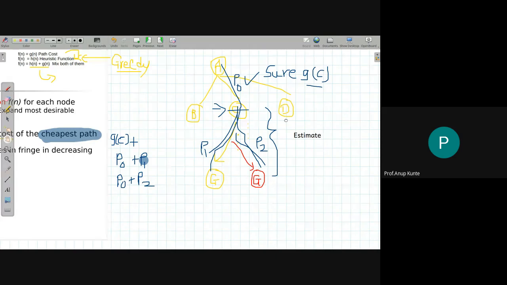Now this heuristic function, although it is an estimate, may be arrived at after solving a lot of such problems in the past. I can get this information by solving a lot of such problems in the past, and I know that if I get a certain state, reaching the goal state from that state would take this many actions ahead, or this many action sequences to reach the goal node.